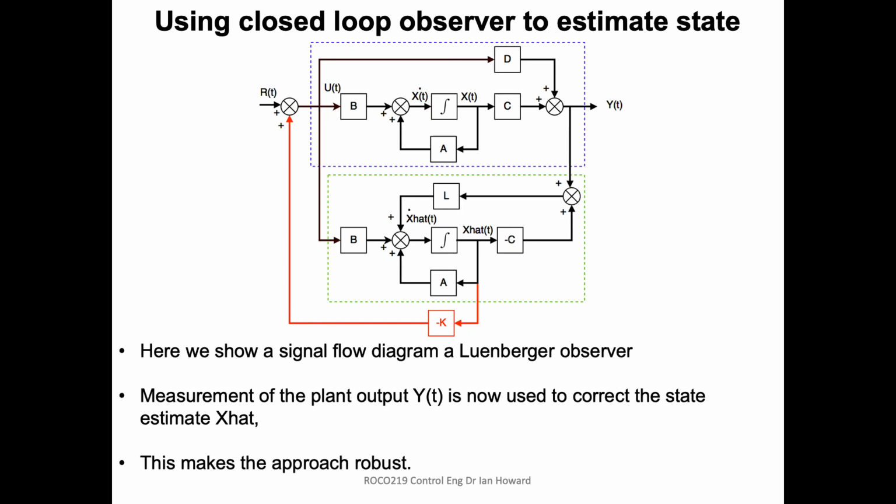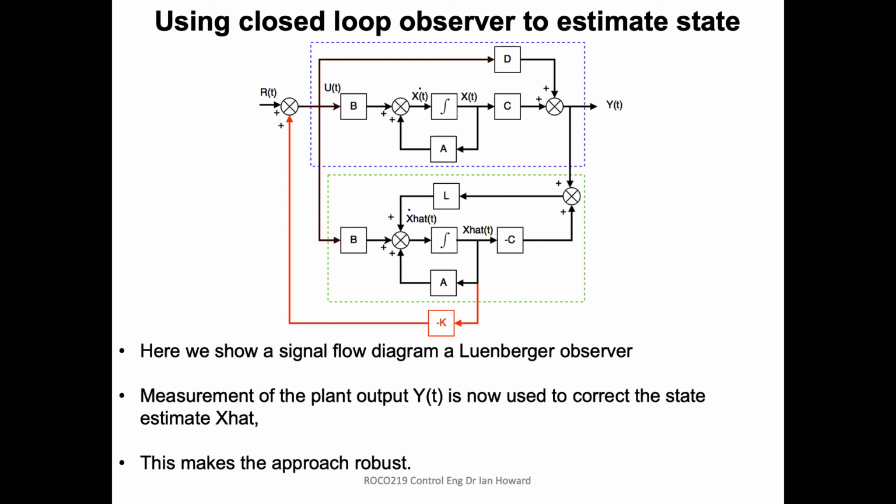Okay. And using this particular approach, where we've got this structure, and designing the L here, I'm using L because it's a Lüneburger observer, designing it on the basis of considerations of stability is what Lüneburger observers do.